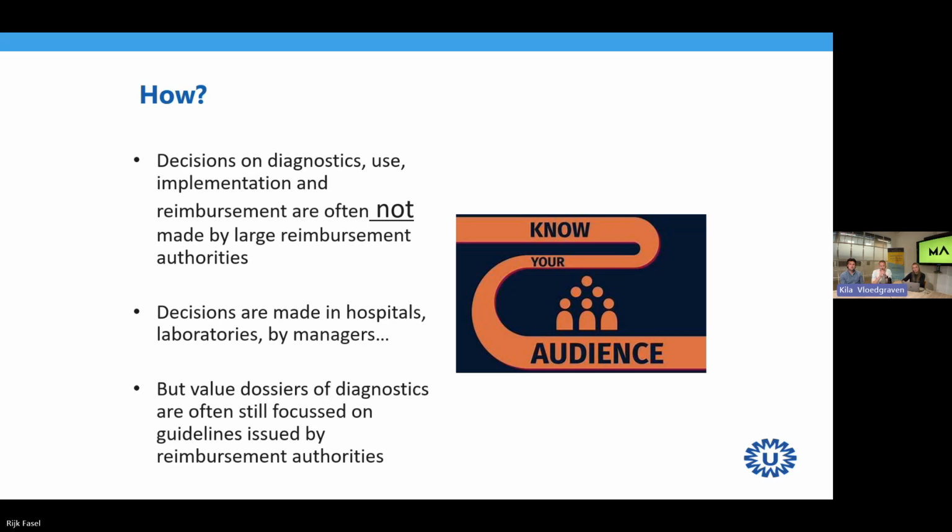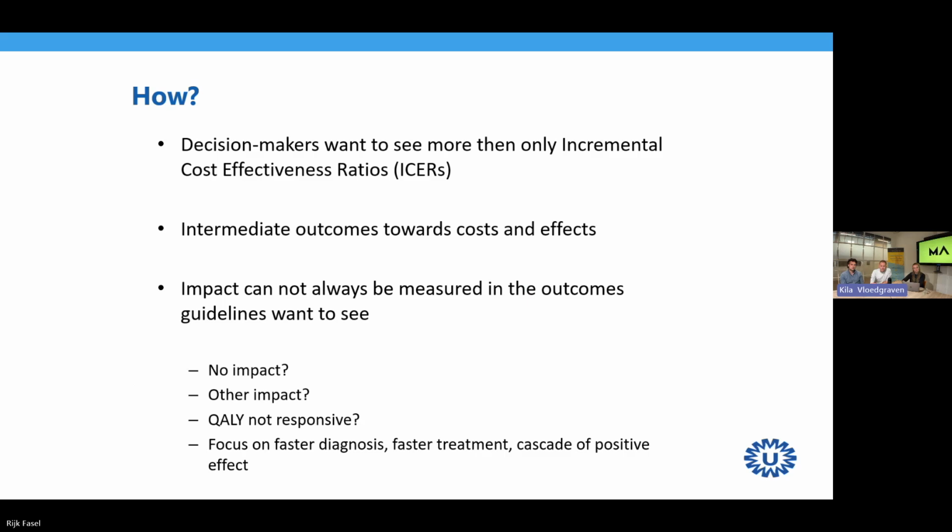And in that respect, we often do not listen to the stakeholders who want to see other things, because the decision makers in diagnostics often want to see more than only these incremental cost effectiveness ratios in which we outline added value in terms of costs and effects. What they would like to see is, how do we reach these outcomes? How do we ensure that these costs are really saved?